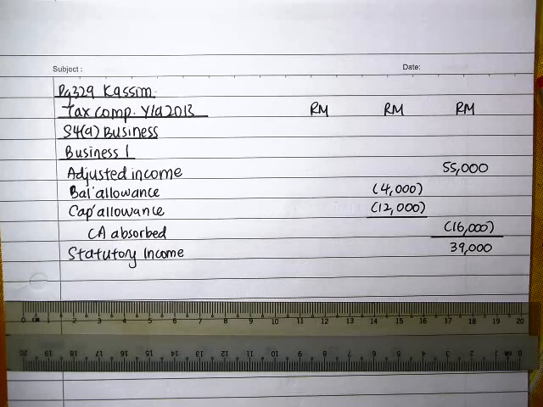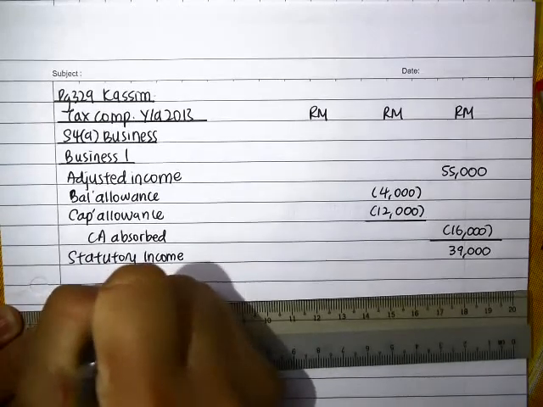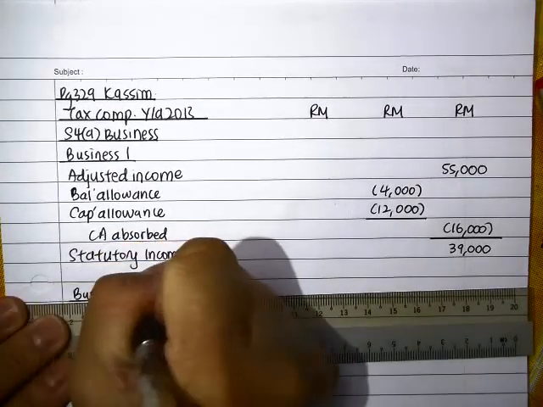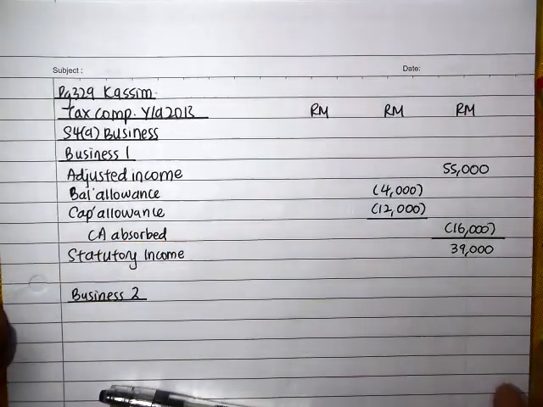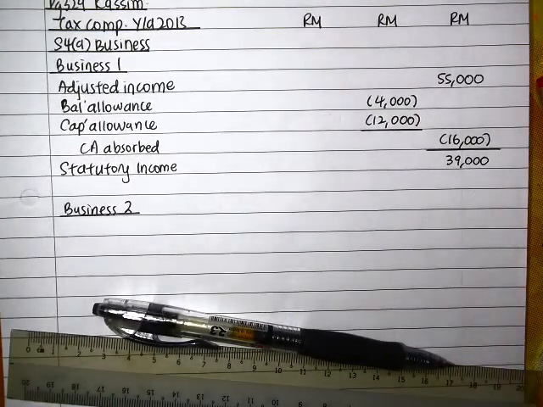Okay, now you're going to go on and show the figure for business number 2. Okay, fill in the blanks. Not sure, then just use a pencil, at least you got something.